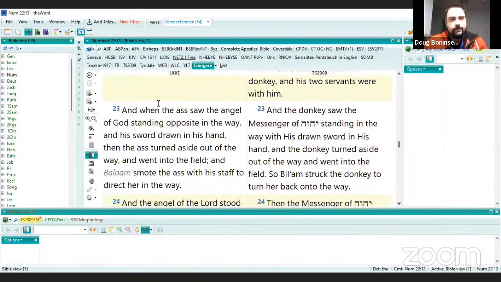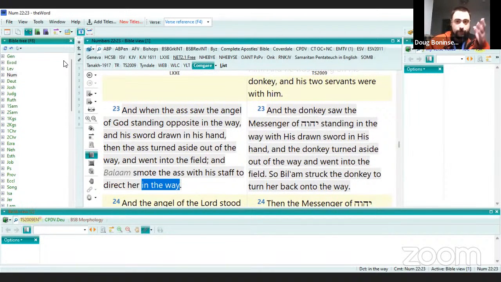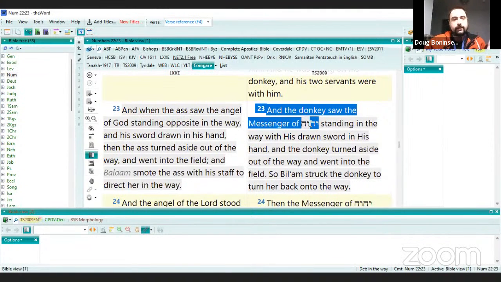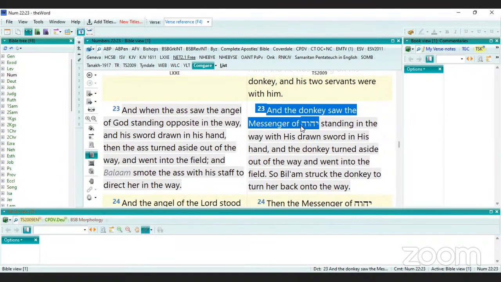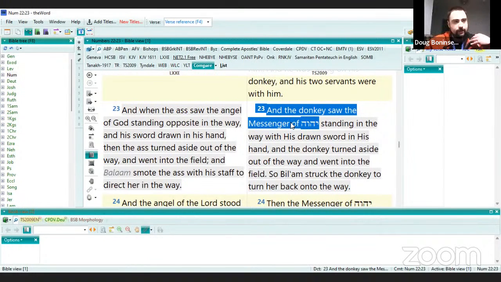Okay, so it says, and when the donkey saw the messenger of Elohim standing opposite in the way and his sword drawn in his hand, then the donkey turned outside of the way, went to the field, and he smote the donkey with his staff to direct her in the way. Interesting, in the way. So obviously this is talking about Yahshua pre-incarnate. Again, the Masoretic rendering here is more accurate, having Yahuwah as the name rather than a title, Elohim.